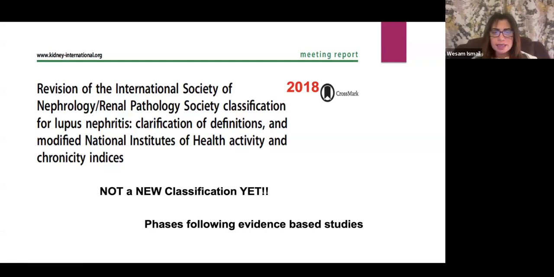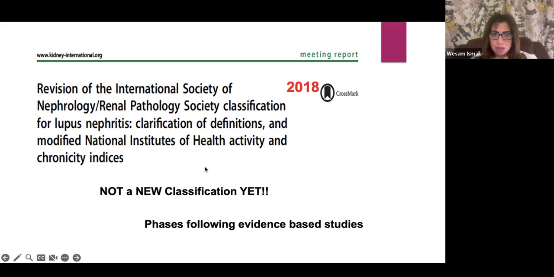This can reflect differences in the pathology reports, and differences in the scores if you're taking a second opinion, for example. So you need to know why the difference is there. If one of the pathologists is not following the new, modified activity and chronicity indices, and they are entitled to, and the other pathologist is following them, then this is going to create differences in the scoring.